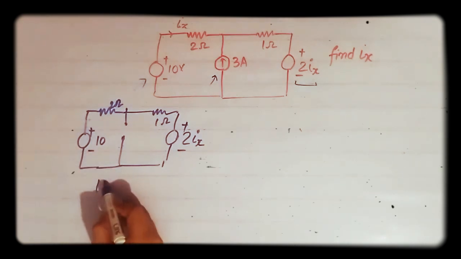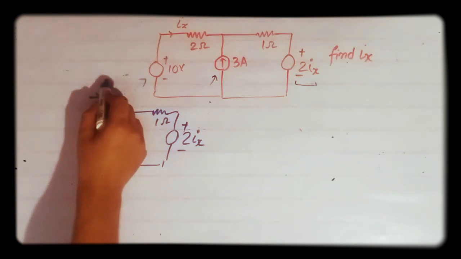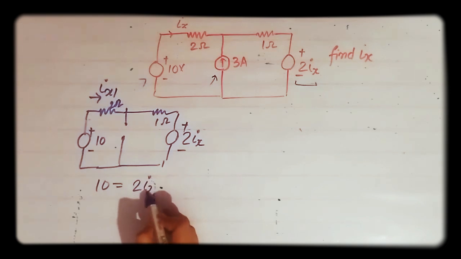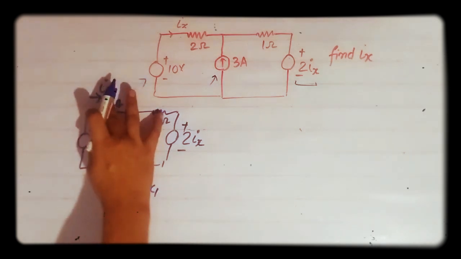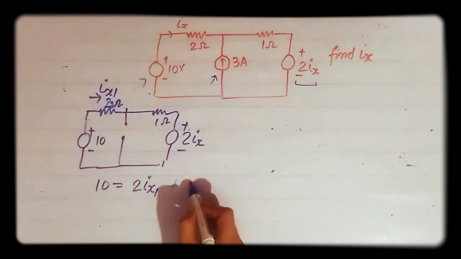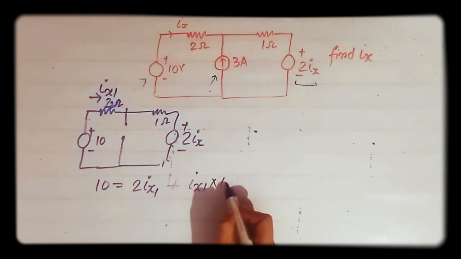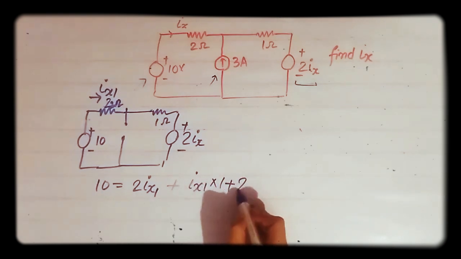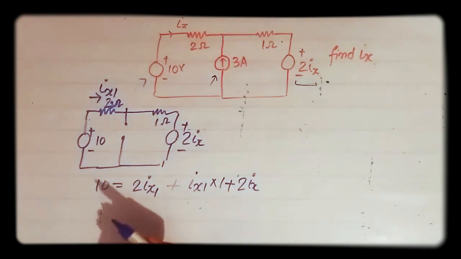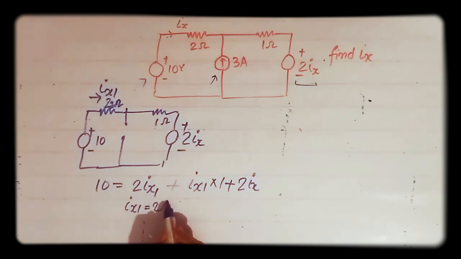We get 10 equals 2ix1 plus ix1 into 1 plus 2ix1. On solving this we get ix1 equals 2 ampere.